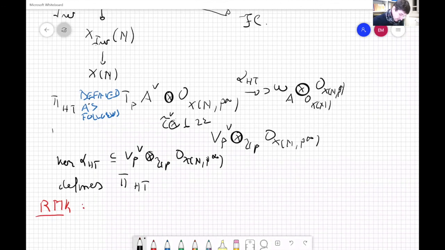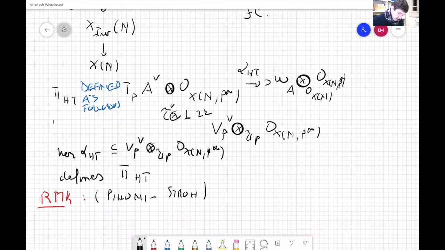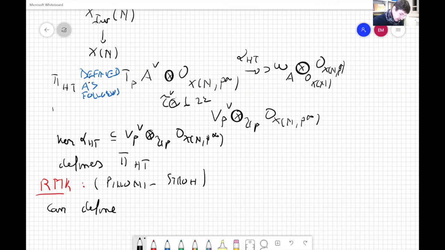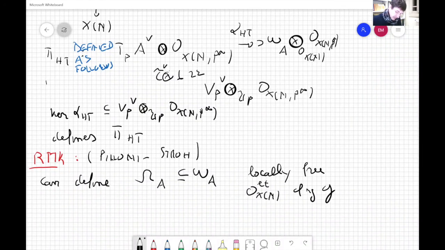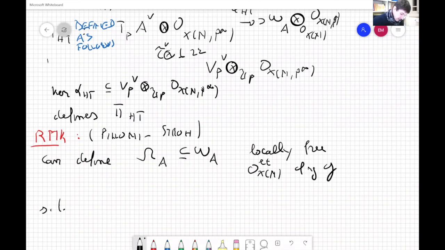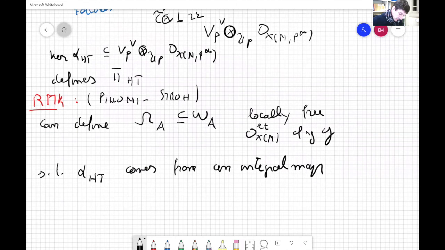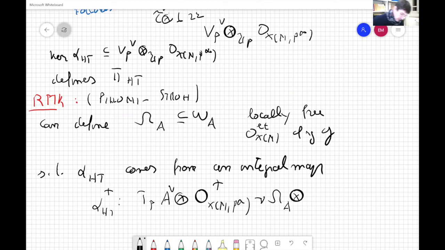This is actually due to Pilloni and Stroh: you can define a subspace of the invariant differentials, which is again locally free over O_X, and you may need to take some etale cover, so just for the etale topology, of rank g, and it is an isomorphism if you invert p, such that the map alpha Hodge-Tate comes from an integral map, alpha Hodge-Tate plus, from V_p dual tensor O_X and P infinity plus to omega A. They call it omega A modified.